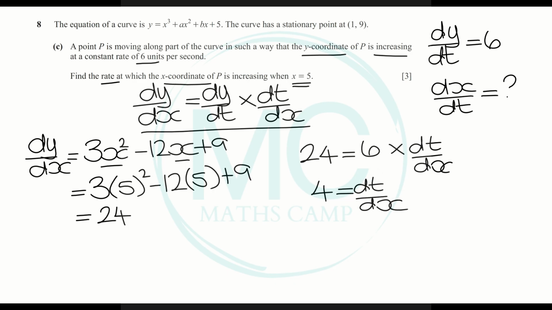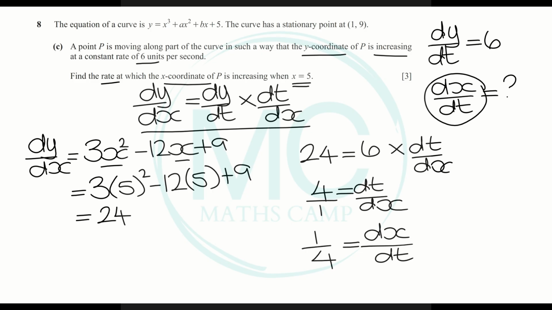But the question is not asking us for dt over dx. It is asking us for dx over dt, the reciprocal fraction. And we know that 4 can be written as 4 over 1. To find the reciprocal fraction, we simply turn our fractions upside down. That means that dx over dt is equal to 1 over 4.